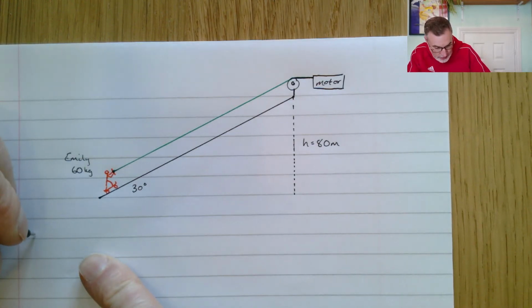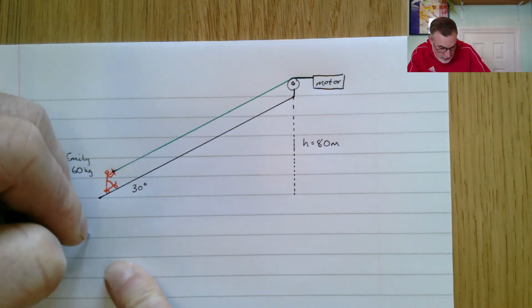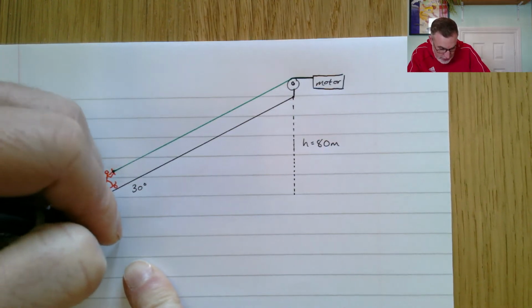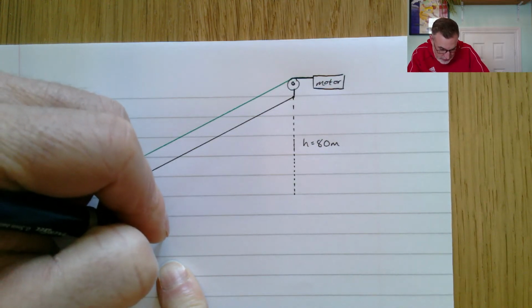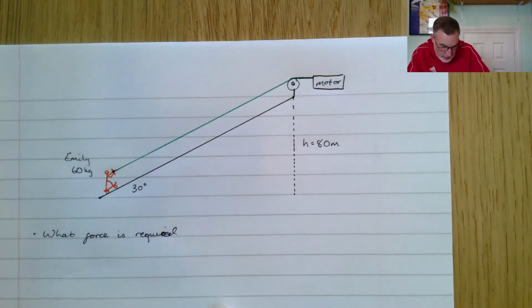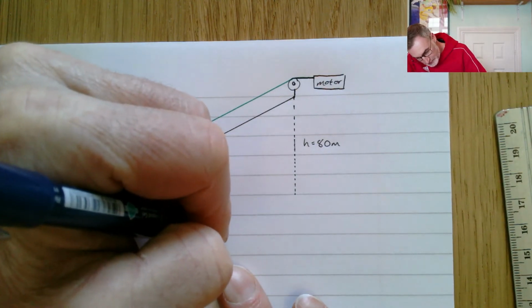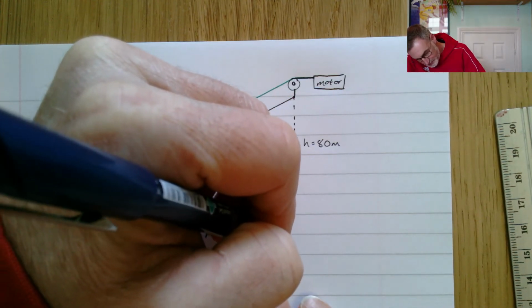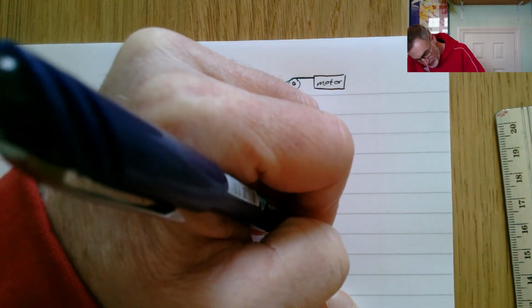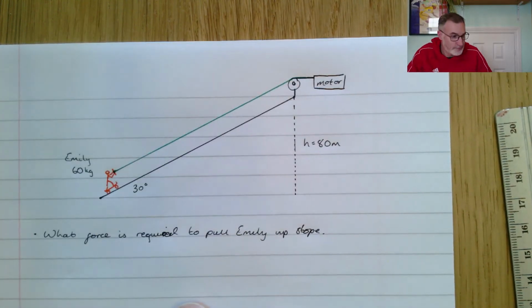So we'll ask, first of all, what force is required to pull Emily up the slope.